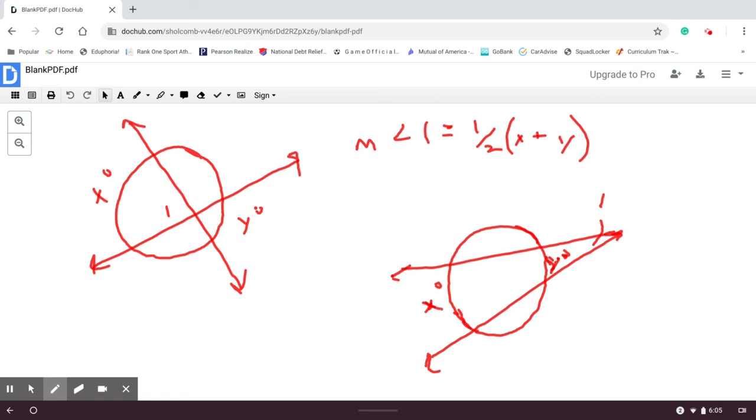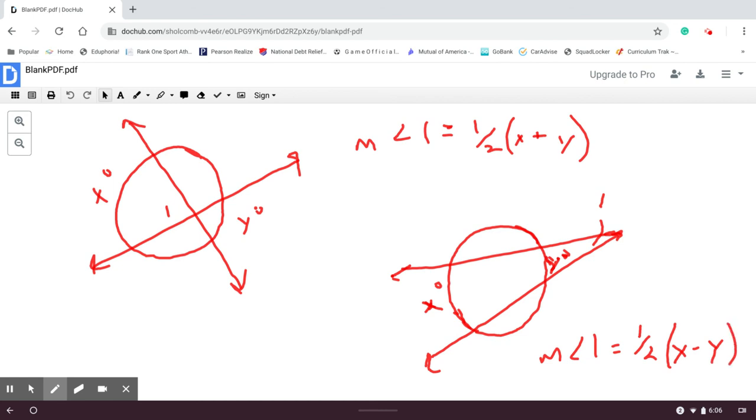All right, so now look at this. The measure of angle 1 here, the angle that is formed outside, is the sum, or excuse me, half the difference. It's equal to half of the larger arc minus the smaller arc.